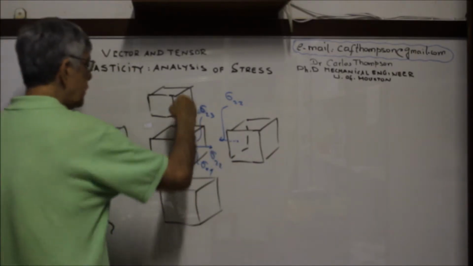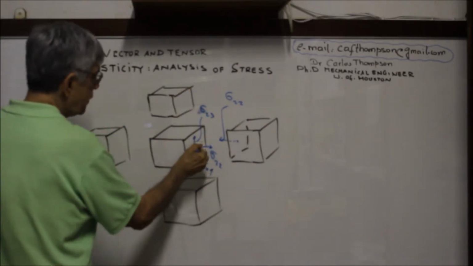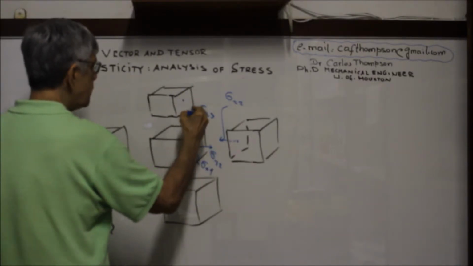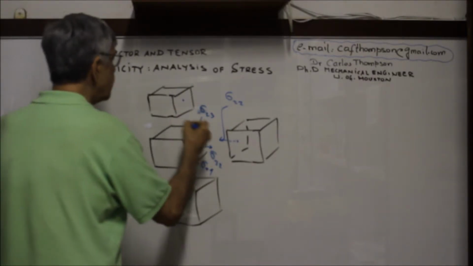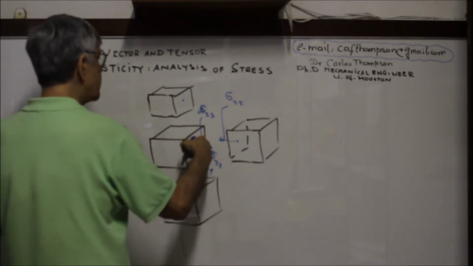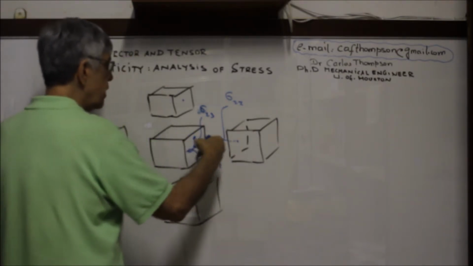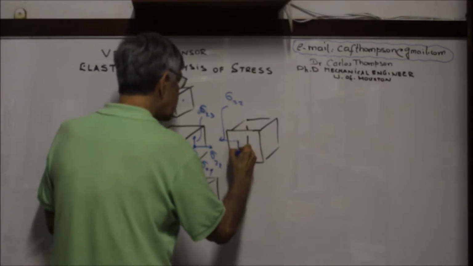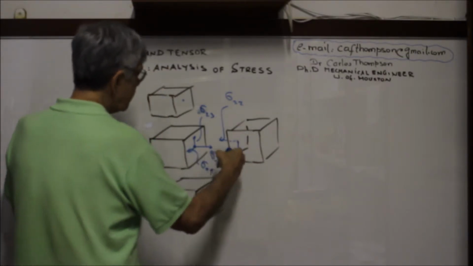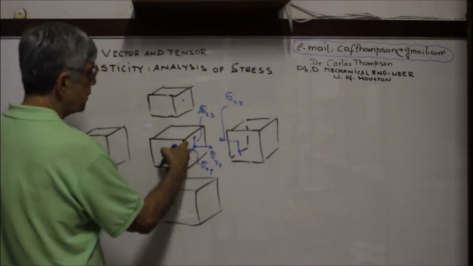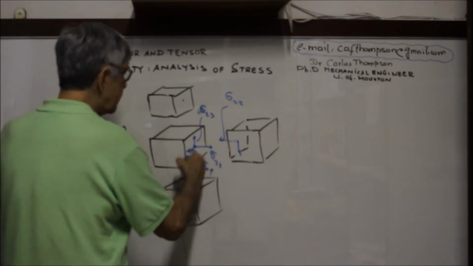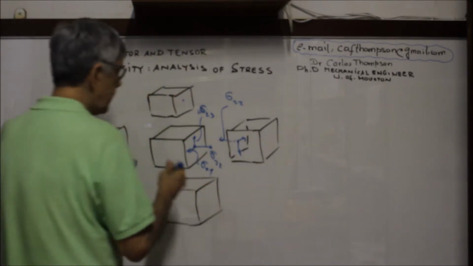Now, and here, this vector over here, sigma 2,3, and this over here, you have to have to compensate this stress over here. Let's continue this. You have to have this. This plus this will be 0, because they are in contact, okay? And this one is over there.